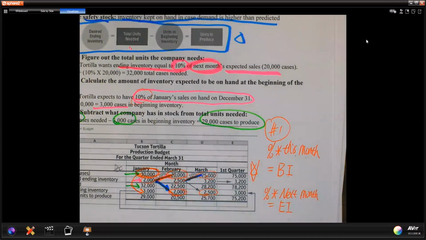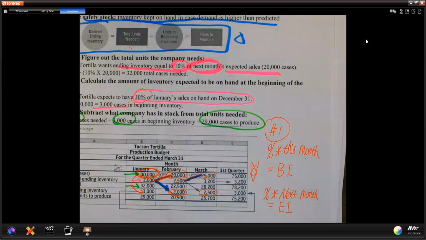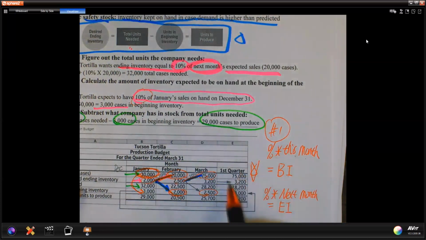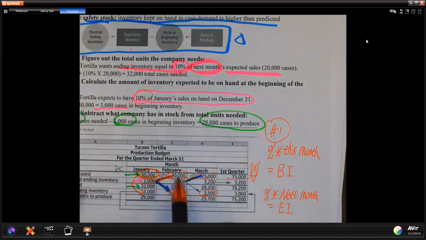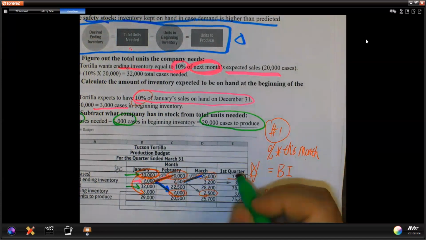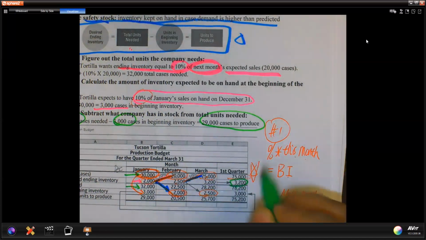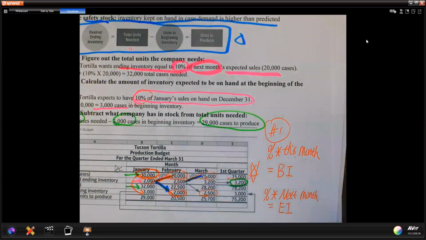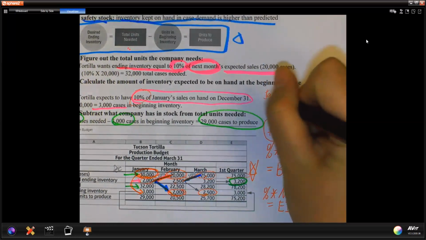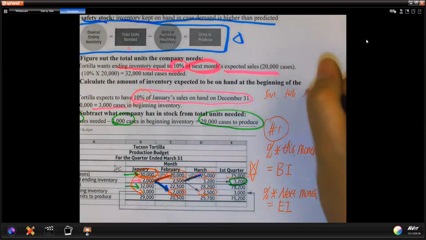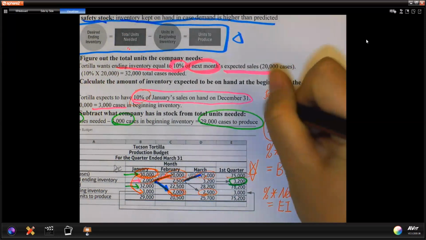The second thing I want to point out, and then I'm done for today's video, is our first quarter. For the first quarter, we do not add everything. Your total sales will be adding January, February, and March. But your ending inventory, sorry, I forgot: you have January, February, March, and then this is your first quarter.